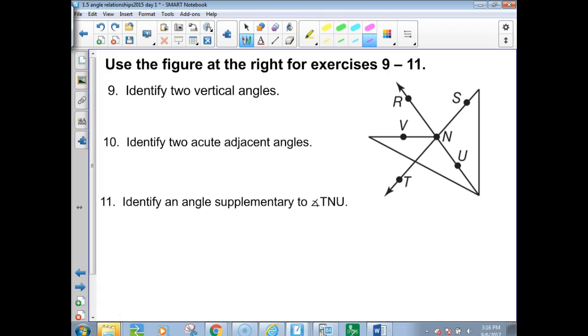Okay, identify 2 vertical angles. So let's see if we can get that concept down again. We need to name things with 3 letters here. Okay, so we got to find 2 lines that cross. What crosses that? That's going to help me find vertical angles.